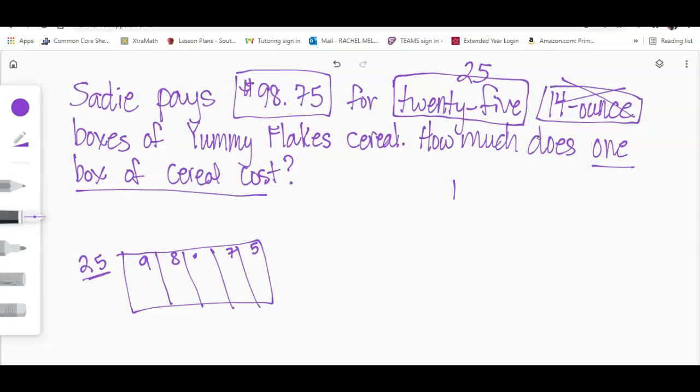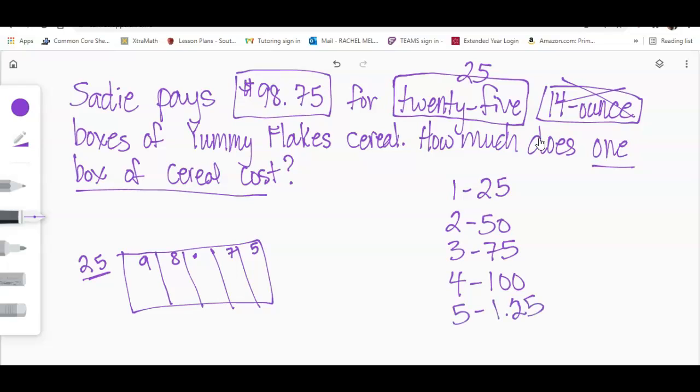So I know that 1 group of 25 is 25. We're going to do some mental math since it's quarters. How much is in 2 quarters? Well, 50 cents. 3 quarters is 75. 4 quarters is $1, 5 is $1.25.